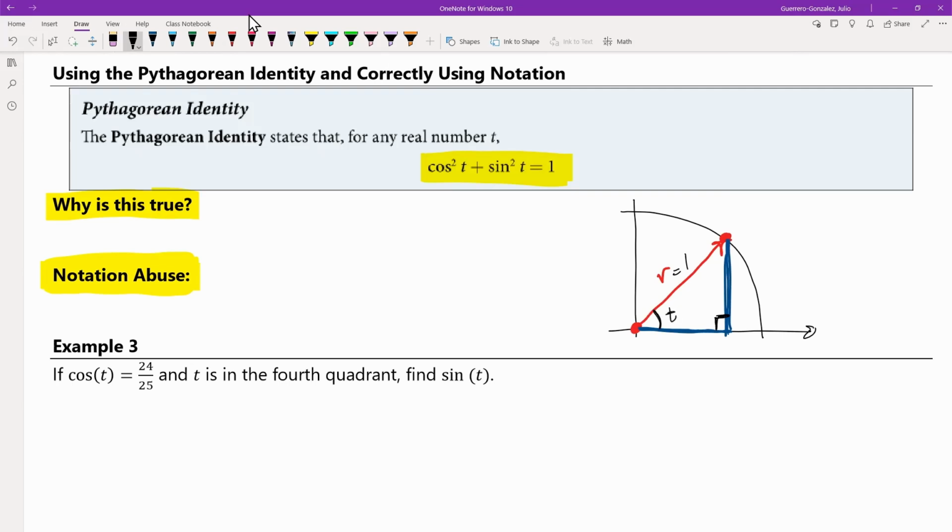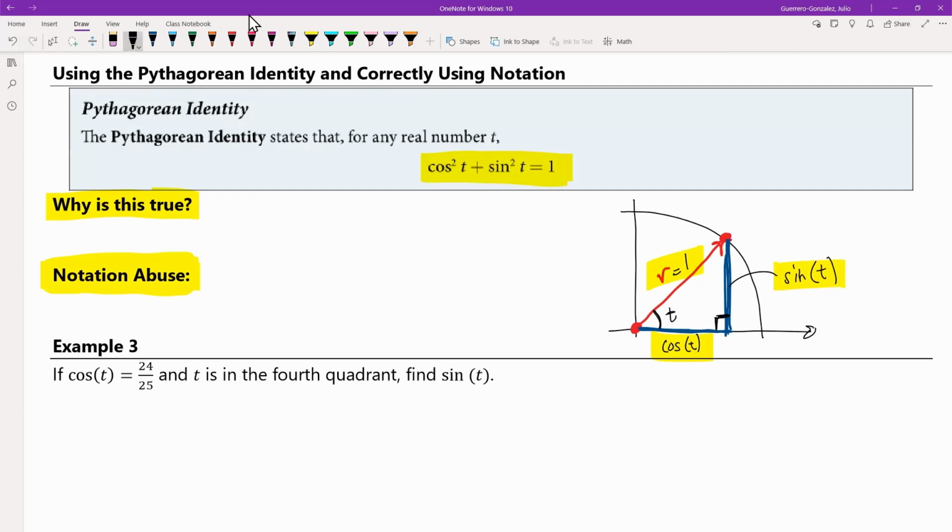We know two things. That horizontal, side-to-side length is going to be cosine of t, and this vertical length is going to be sine of t. If we use these three lengths inside the Pythagorean theorem, it sort of falls in our lap.